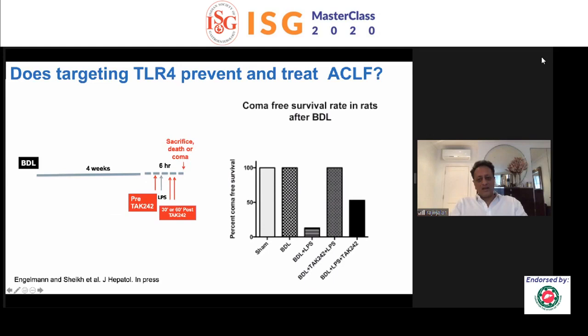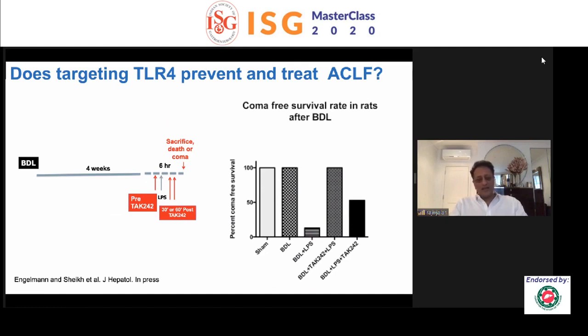Here's the bile duct ligated animal. If you give them LPS, almost all of them die in coma within 6 hours. If you treat them with TAK-242 before hitting them with LPS, all of them survive, 100% survival. And if you treat them afterwards, when they've developed ACLF, you can reduce the death rates to 50%.